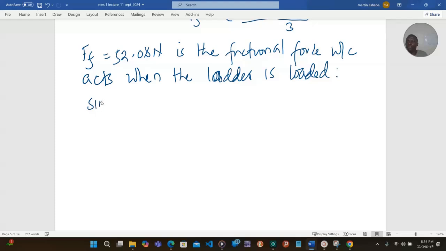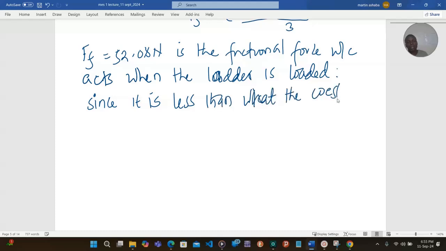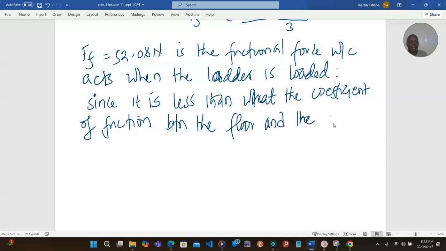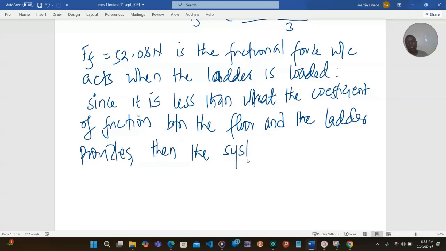Now, since it is less than what the coefficient of friction between the floor and the ladder provides for, then the system will be in equilibrium.